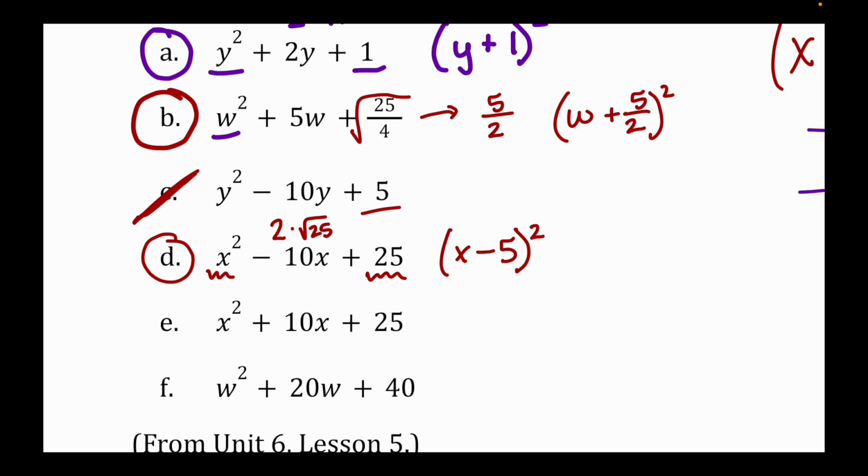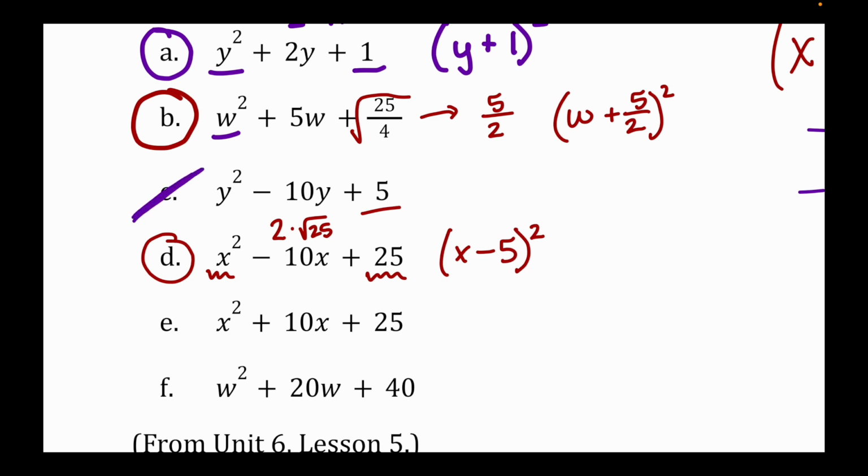Because that -5, when it gets squared, would give us positive 25. So it's okay for our middle term to be negative. That just means we put a negative in our squared binomial. That's going to then bring us down to E as our next option. So is E going to work here? It's going to bother me that that's not in purple.